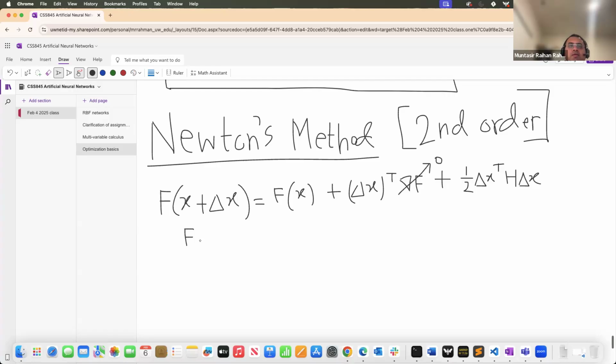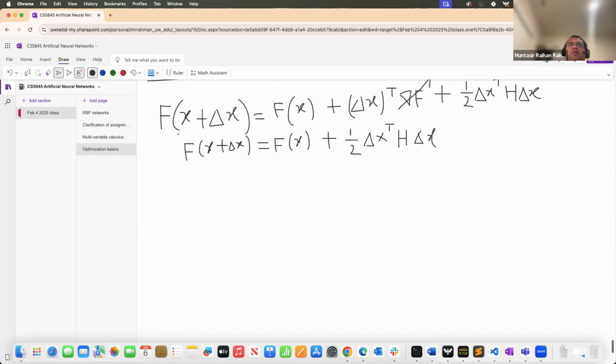So now we have f of x plus delta x equal to f of x plus this quadratic form. Okay, and now we have this equation here, right?